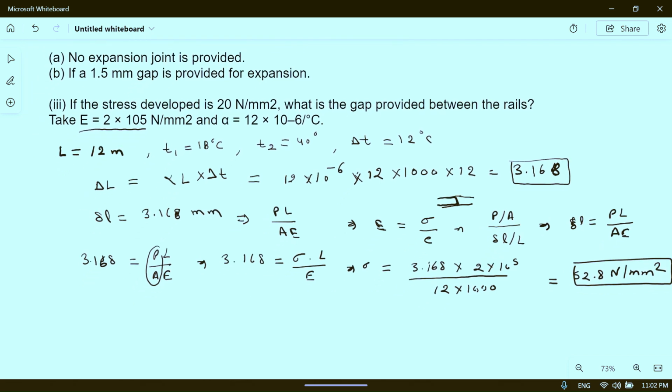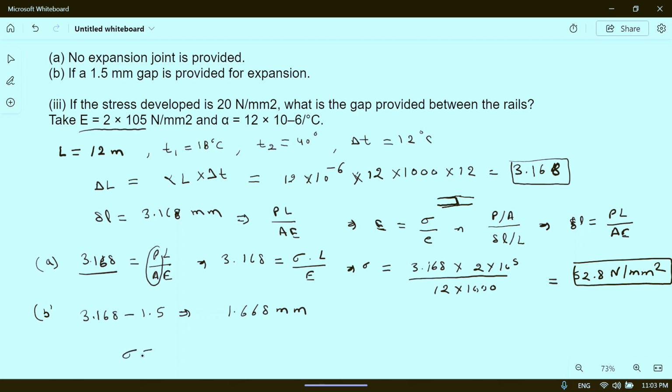Second condition is if a 1.5 mm gap is provided. This is condition A, this is condition B. If a gap of 1.5 mm is provided, then the total expansion was 3.168. Now for 1.5 mm there will be no stress, so we will reduce it. So we will get 1.668 mm. So just put this value instead of this 3.168.